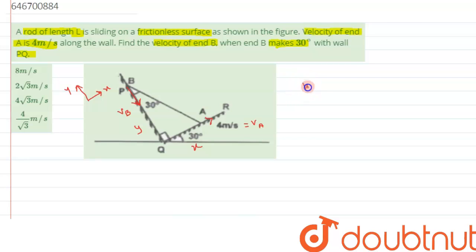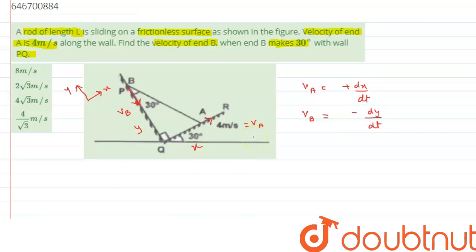So we can say VA can be written as plus dx by dt, because the rate at which it is changing is positive. Similarly for VB, as B is coming down, the displacement y is getting reduced, so we can write it as minus dy by dt.